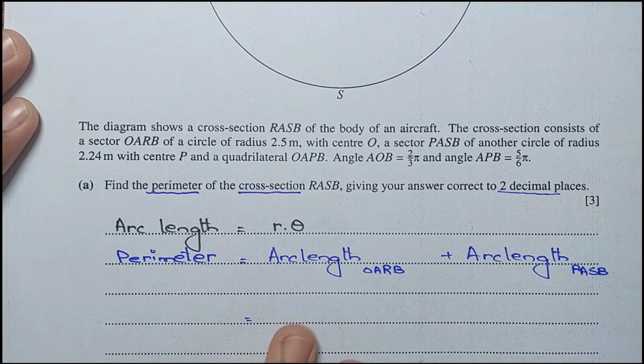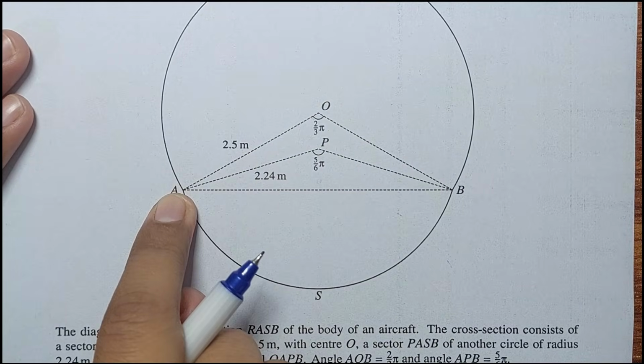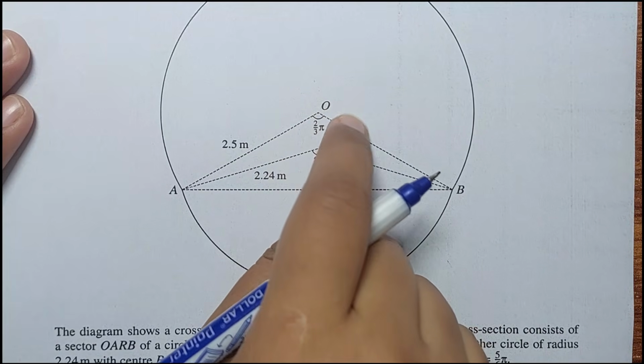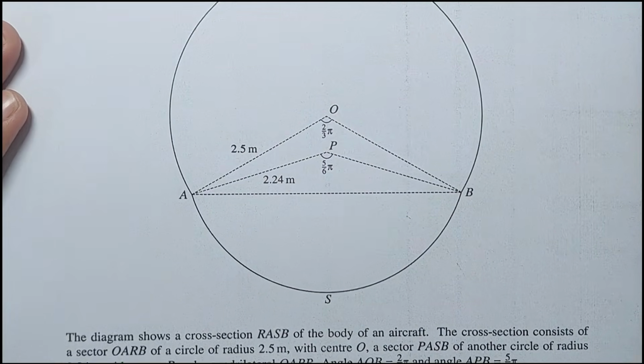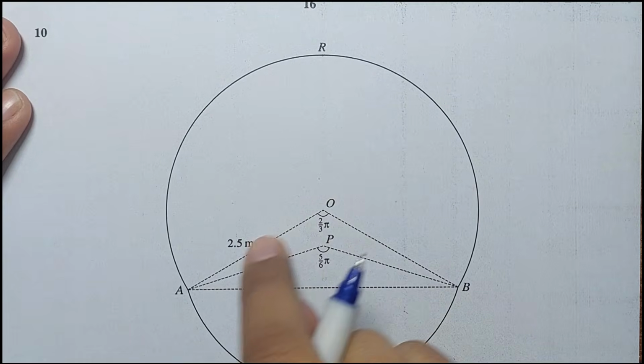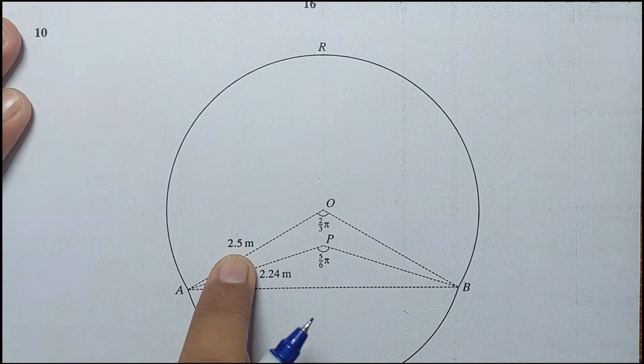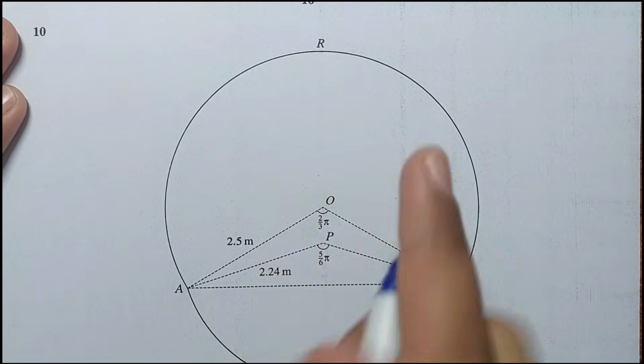Arc length is radius times theta. For this one, the radius is 2.5, and this would be the angle theta, which we need to figure out, right? Whenever we need the arc length for a sector, we need to know its radius, which is 2.5, and this angle would be theta.